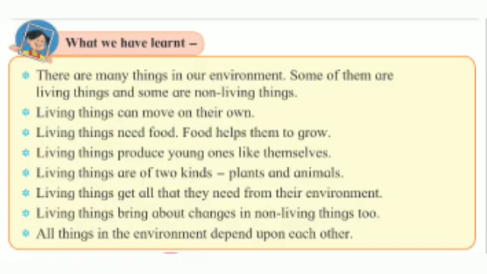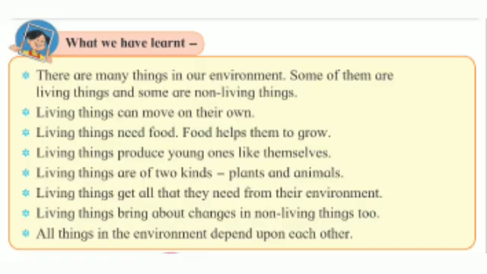Okay, what have we learned in this lesson? There are many things in our environment. Some of them are living things and some are non-living things. Living things can move on their own. Living things need food. Food helps them to grow.